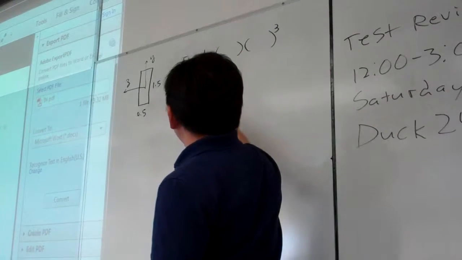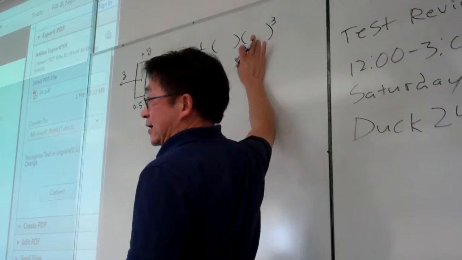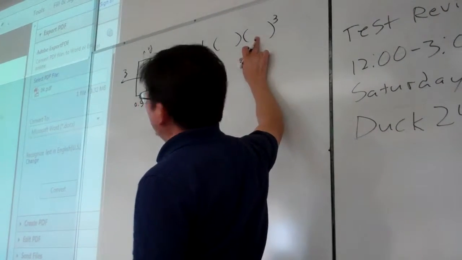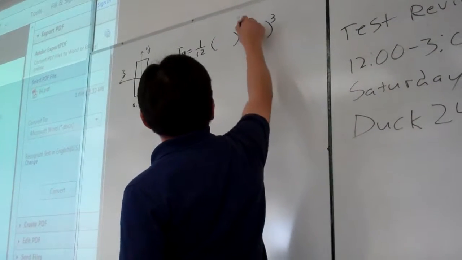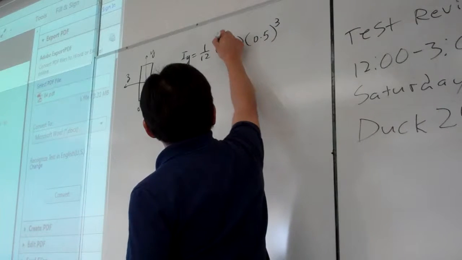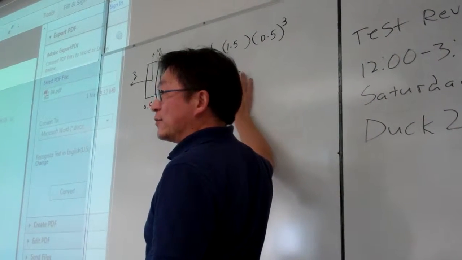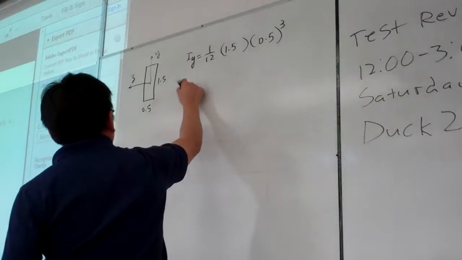Again, that is a two dimension, go either way. This is a dimension being bisected by the neutral axis. So what is this number? 0.5. And this is 1.5. Okay, so that is the way I memorize this equation, or otherwise you can look at the formula.